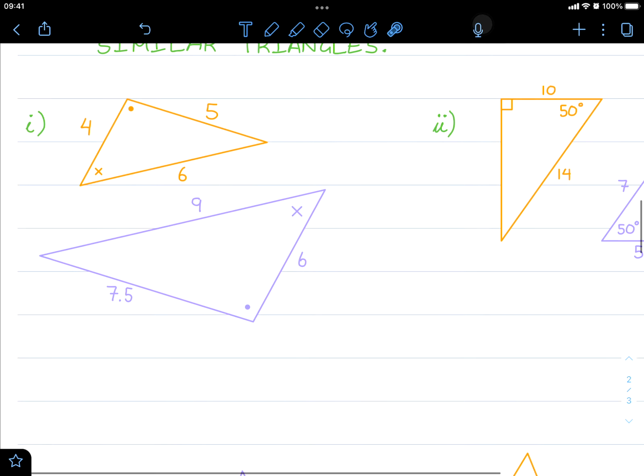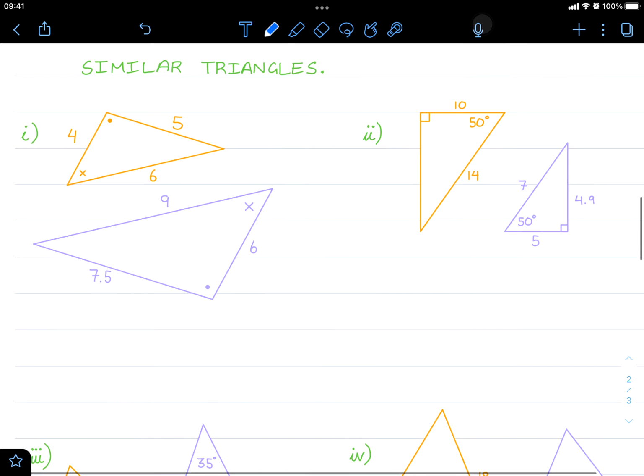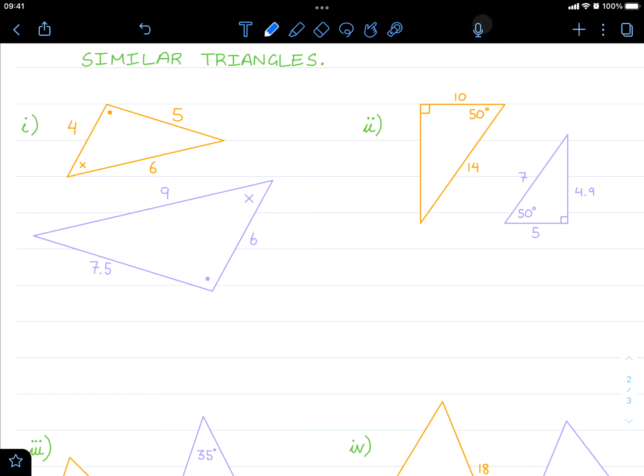So we have similar triangles here. They are similar. So let's take a look. Just to keep things simple, let's always go from orange to purple. So we're starting here, going to purple. Because of that, let's always pick a number in purple.